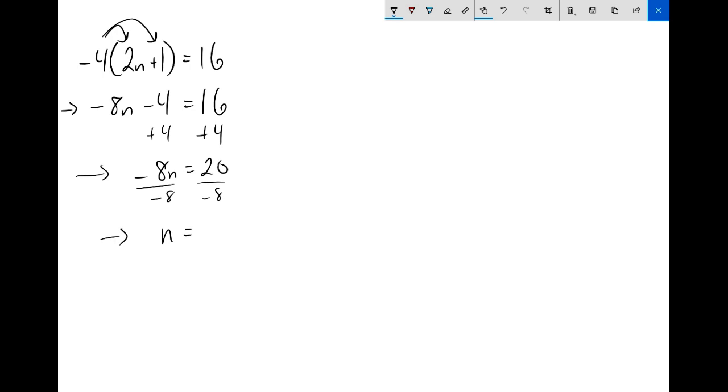So positive divided by a negative is negative. So our answer is negative 20/8, but we should reduce that because 20 and 8 are both divisible by what? Like 4? At least, right? So then 20 divided by 4 is 5, and 8 divided by 4 is 2. So the best answer to this problem would be negative 5/2.